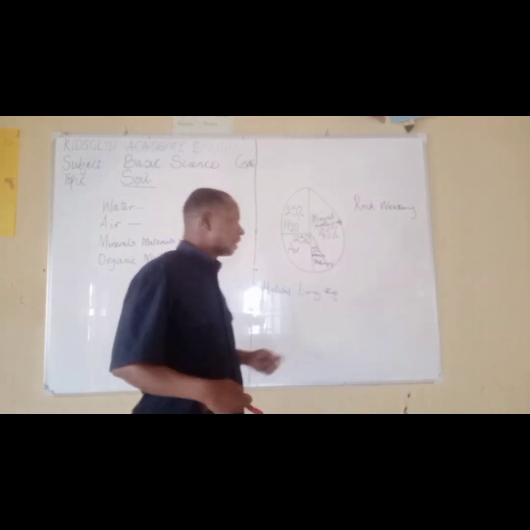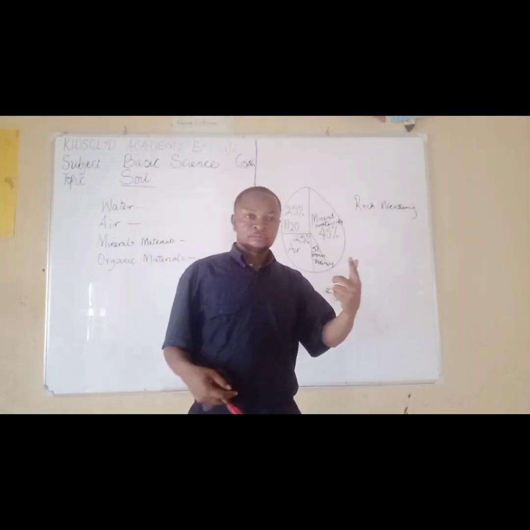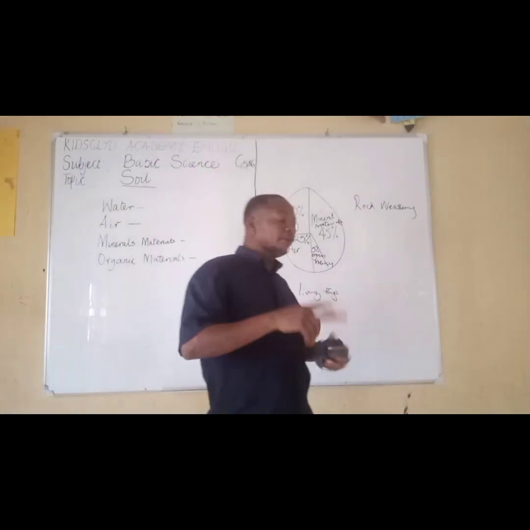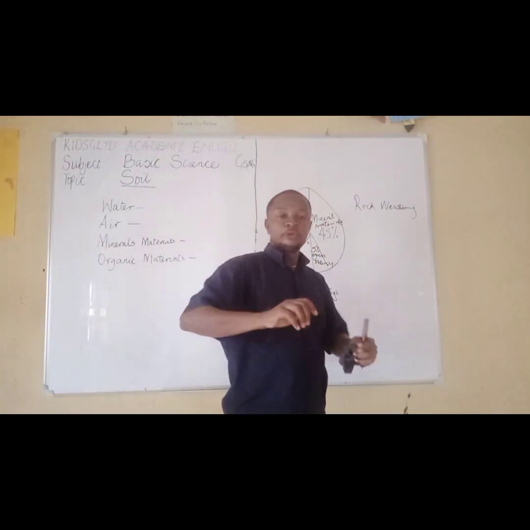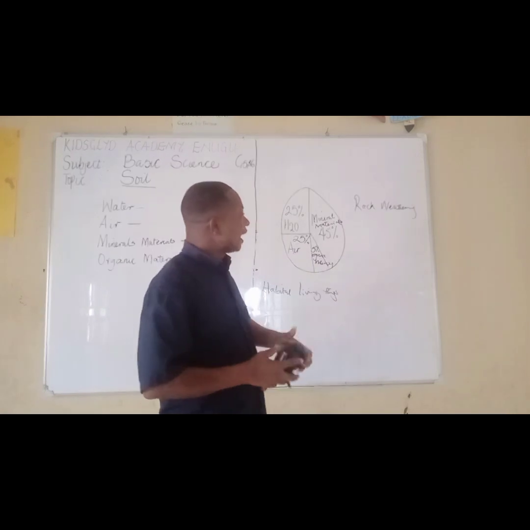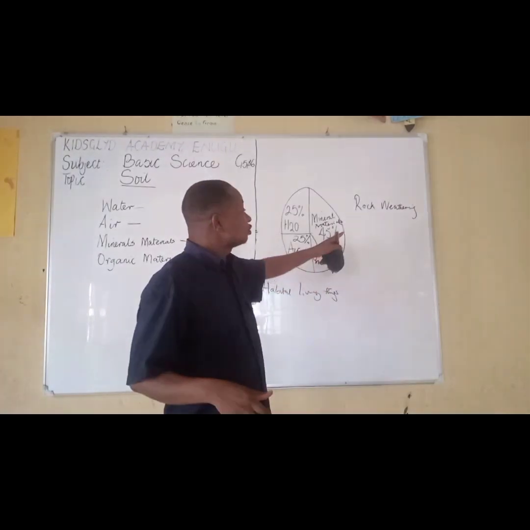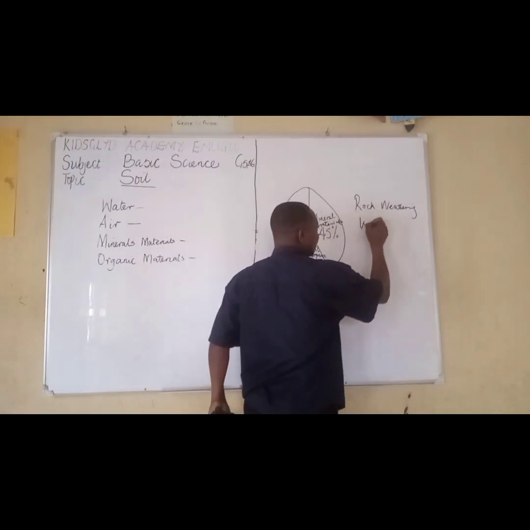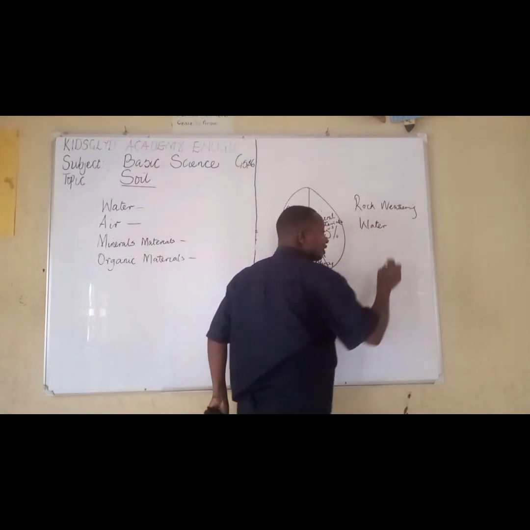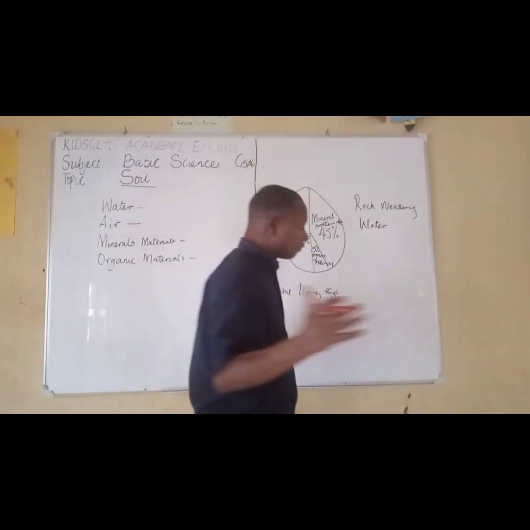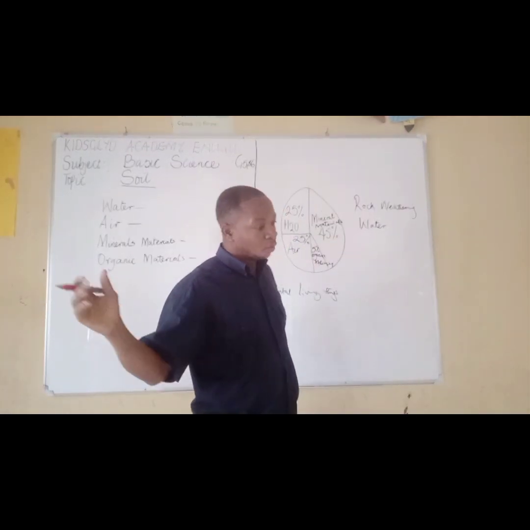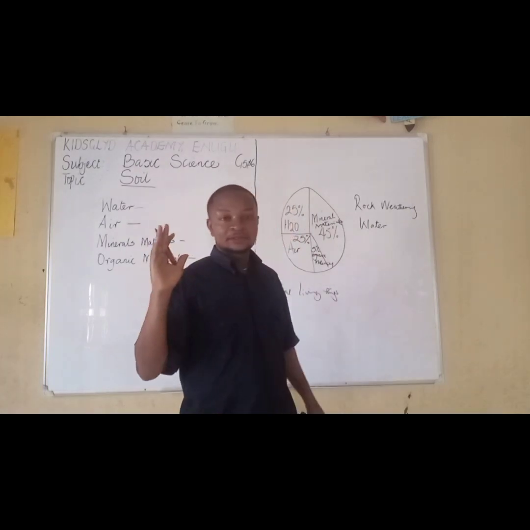Harsh weather. Sometimes volcanic eruption causes the rock to break. If there's so much sun on them, you see that they will start breaking up. And after breaking, one of the agents of soil formation is water, running water. If water runs through or rain falls and washes the top of the rocks, the broken pieces will be washed away to a different place.